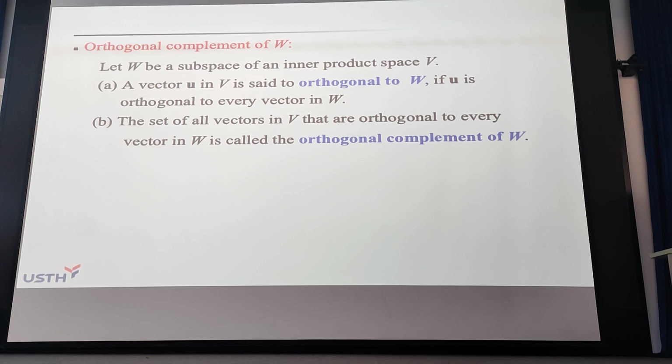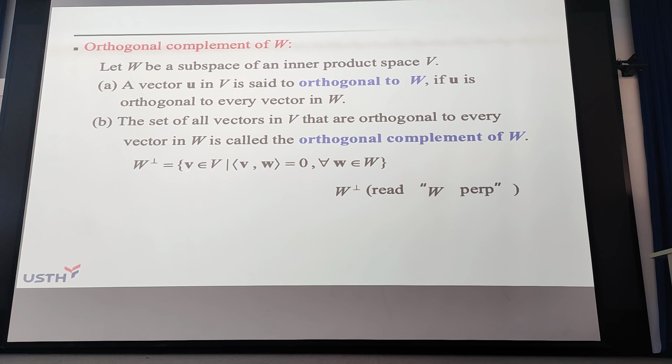In Vietnamese we call it phần bù trực giao. Orthogonal complement of W, phần bù trực giao. Then it will be denoted by W perpendicular. That notation is read as perpendicular.